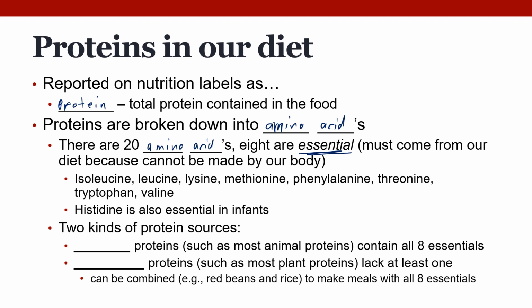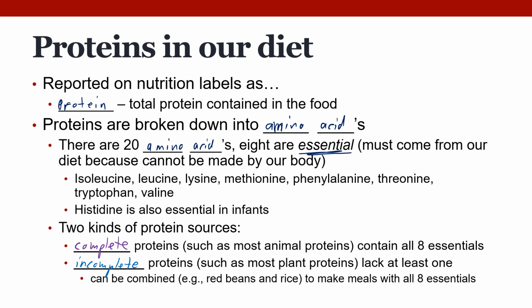There are 2 kinds of protein sources. We talk about complete proteins, which includes most animal sources of protein. Most animal meats contain all 8 essentials, and so that provides a complete recipe for protein in your body. And incomplete protein, which includes most plant proteins, lack at least one of those 8 essentials.